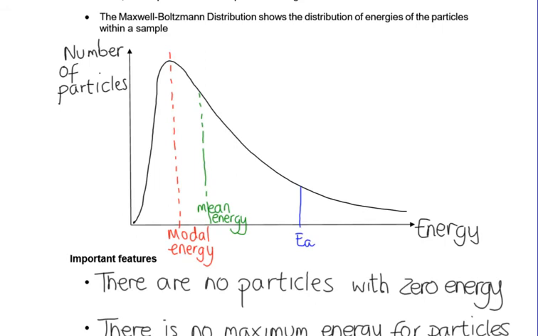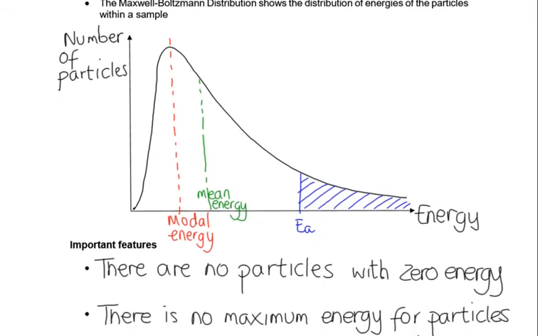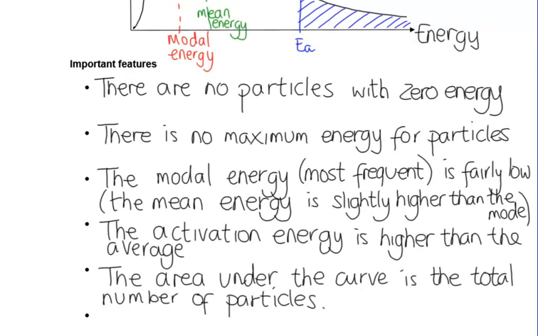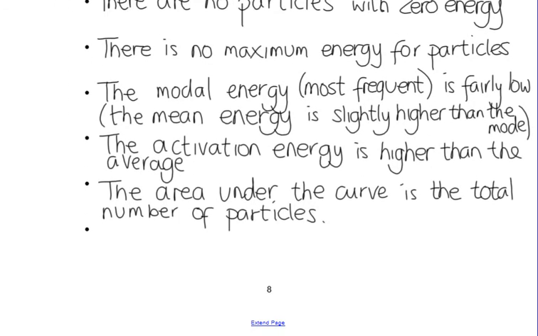And our last bullet point that we missed out is we're going to shade the area of the curve to the right of the activation energy line. That area there is the number of particles that have got enough energy to react.